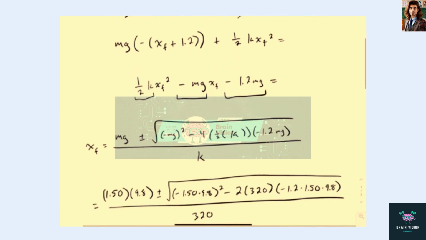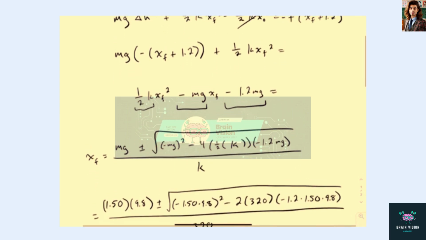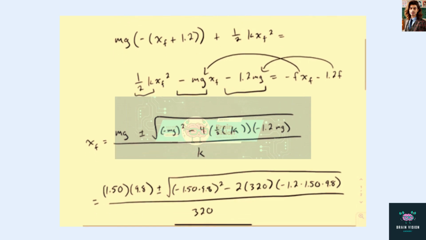So this final equation is going to be equals minus f times x final minus 1.2 f. So we can actually bring this here and this over here and combine some of these terms.